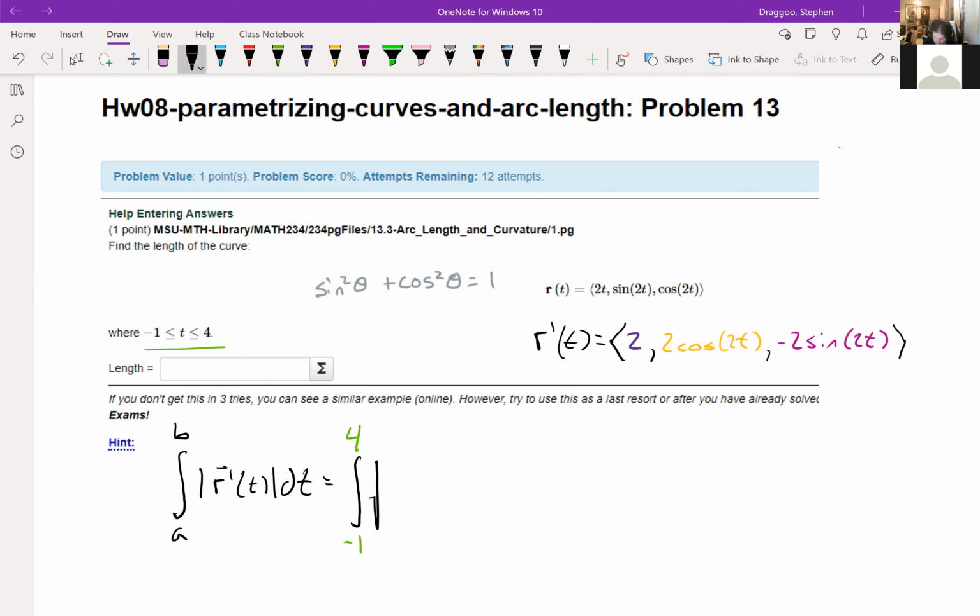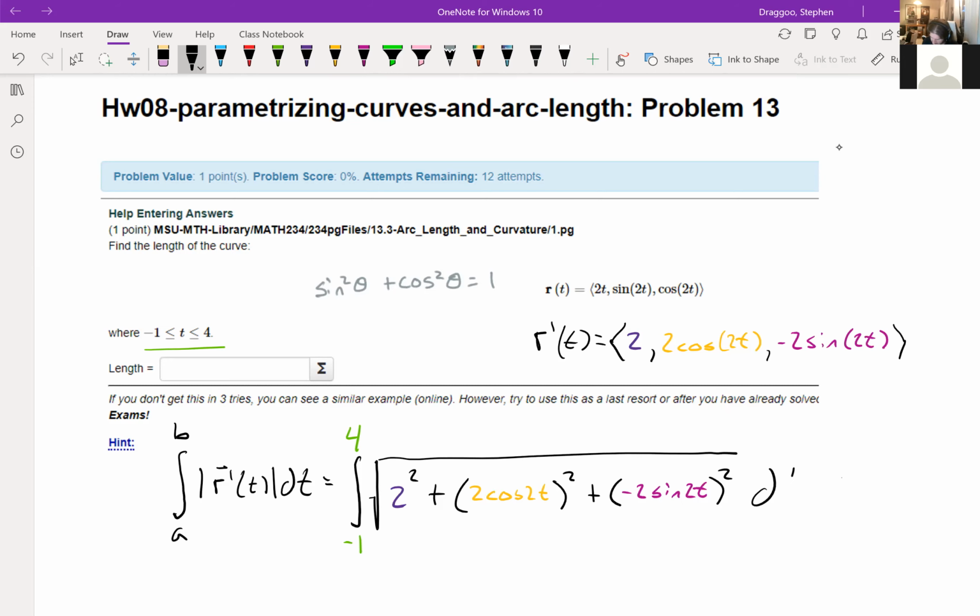Okay, all that together, this is the square root of 2 squared plus (2 cosine 2t) squared plus (-2 sine 2t) squared. Now I'll put my hat on because I know how long it is. And this is dt.